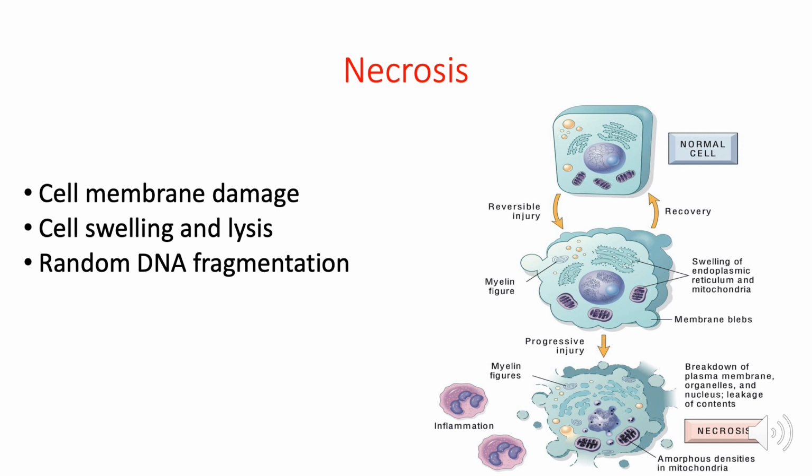If there is accumulation of electrolytes or ions and water inside the cell, that will now cause the cell to swell. Further swelling of the cell will eventually cause it to undergo lysis or bursting. Another unique characteristic of necrosis is that the DNA will be randomly fragmented by the injurious stimulus.